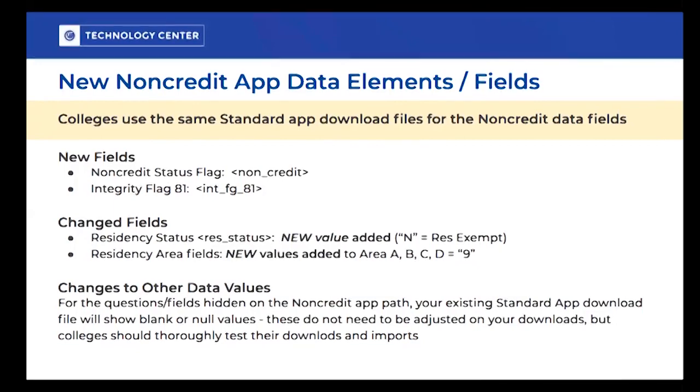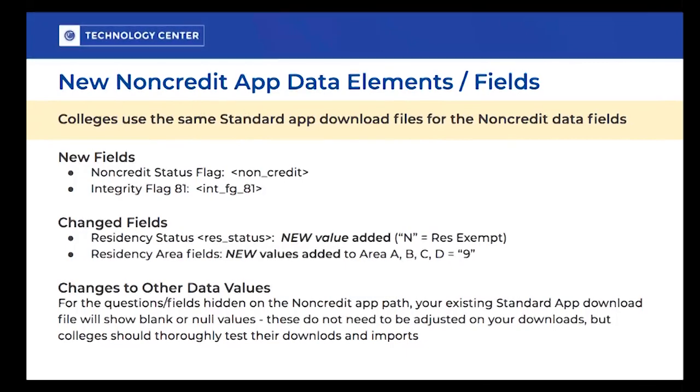So mostly, again, it would pertain to the standard application, but we added an integrity flag for admissions and records as another way to identify why there is no residency status. Oh, they're a non-credit student. They came in through the non-credit URL and submitted a non-credit application. So these are optional fields for you to add. If you don't add them to your download, you can still run reports on them in the report center.